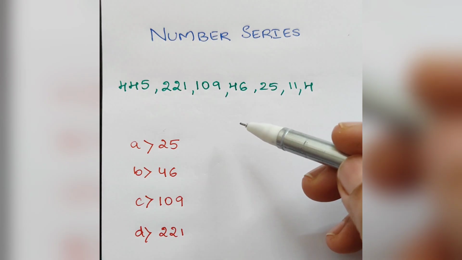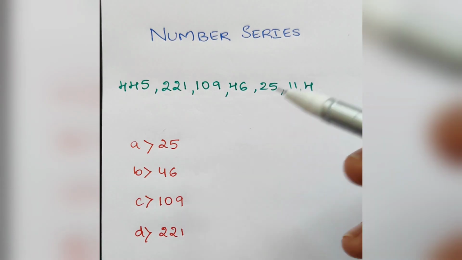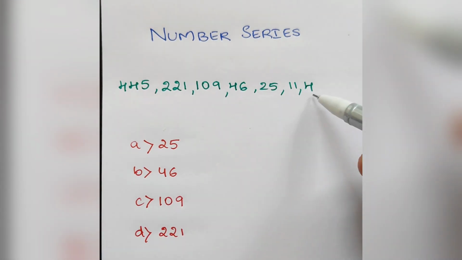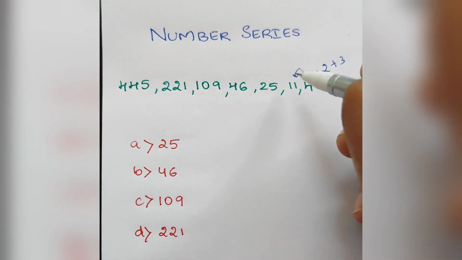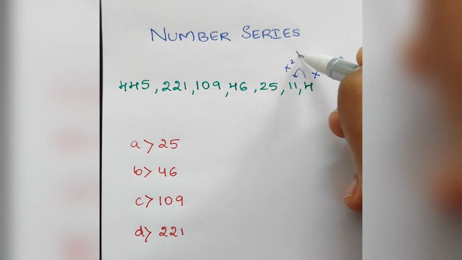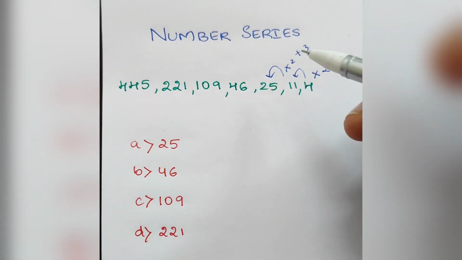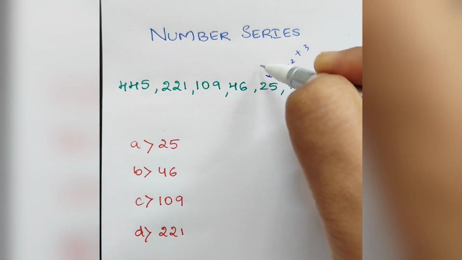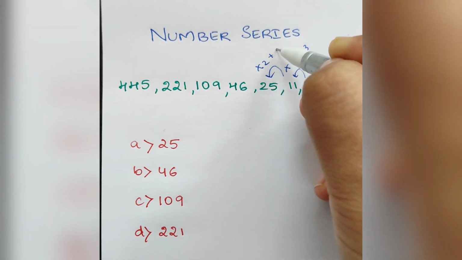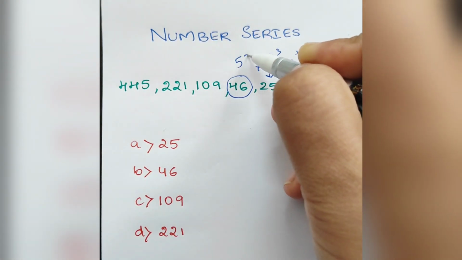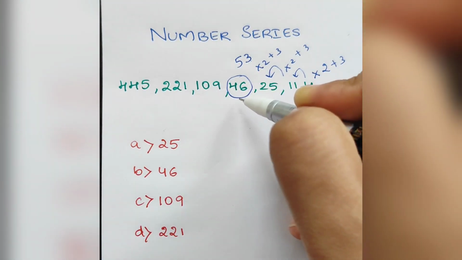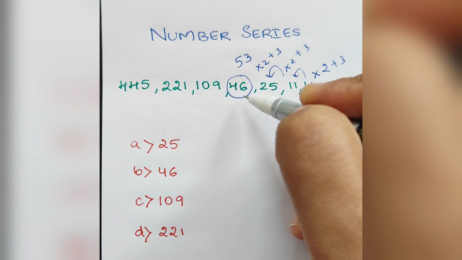So here we need to find the wrong number. First let's check from the smaller digit. So 4 into 2 plus 3 is 11. 11 into 2 plus 3 is 25. 25 into 2 plus 3 is not 46 but 53. So 46 might be the wrong number.